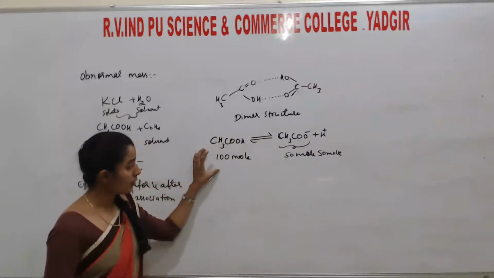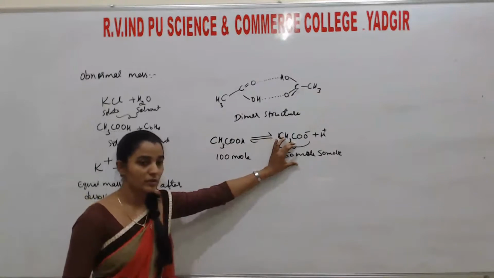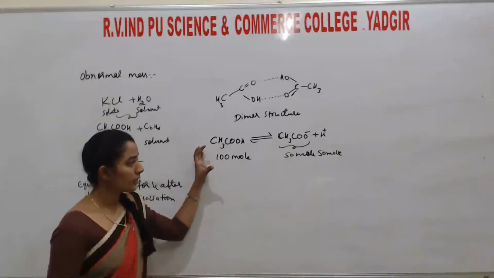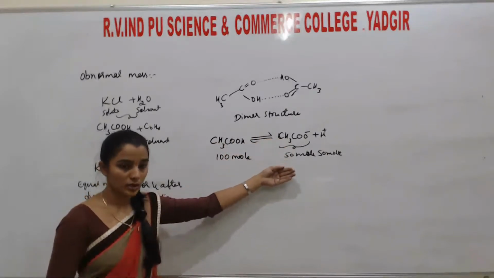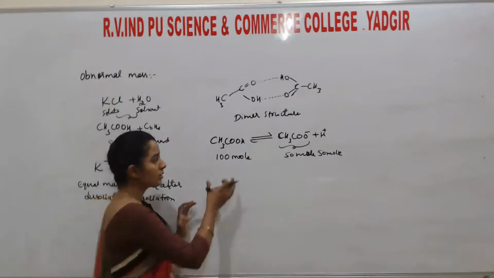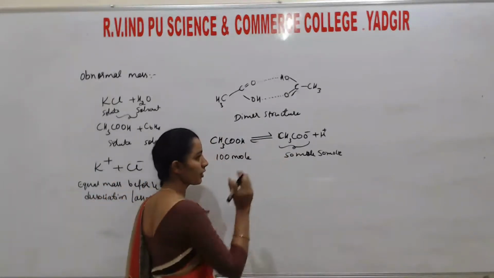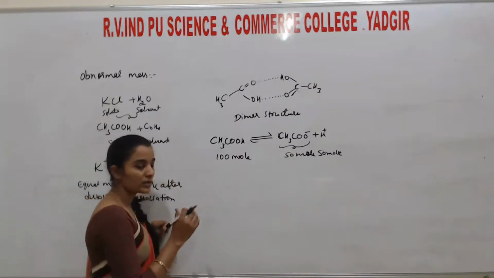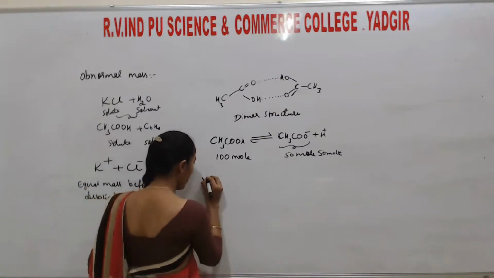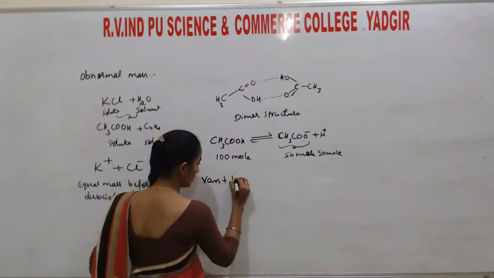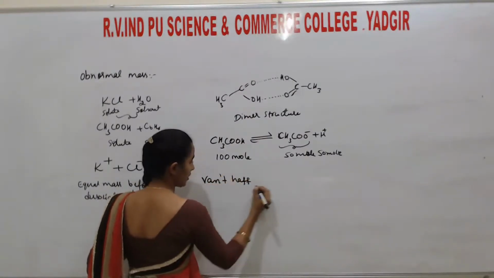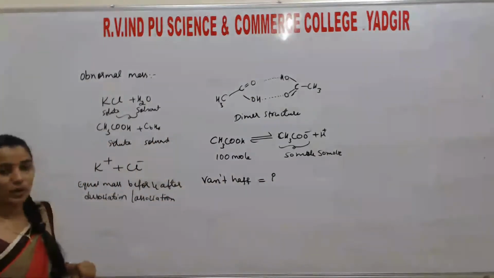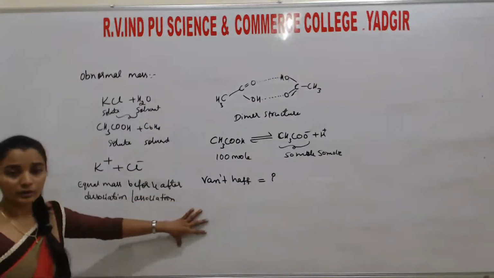So the mass of 100 moles of the substance and the 50 moles of the substance is different. Correct? This shows the decrease in the masses after dissociation or association, the decrease in the masses of these ions before and after dissociation. So to account for this abnormal mass, the scientist introduced a factor i, that is called the Van't Hoff factor. What does this factor give?